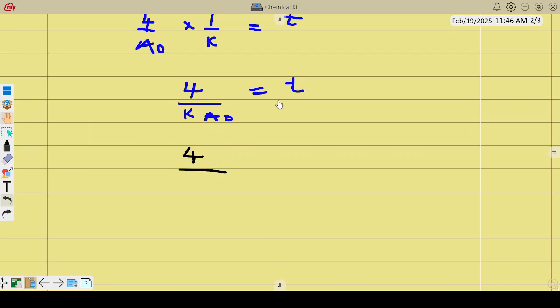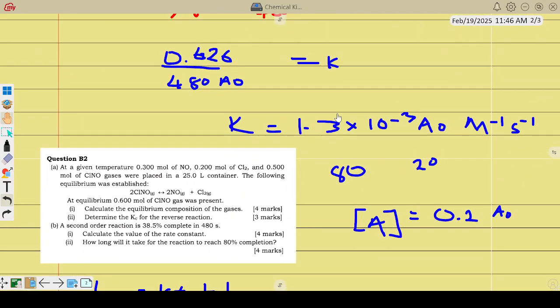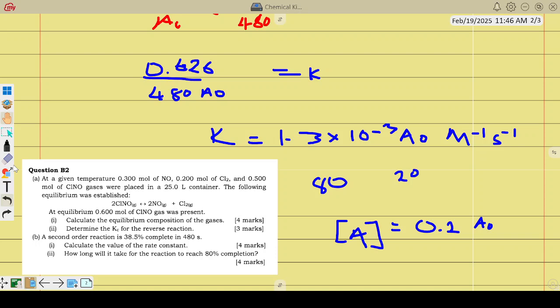So here this is supposed to cancel. Yeah, so there must be something. Oh, so here we divided. So remember the concept. When you divide this by that, the answer you get, you put it on the numerator. Yeah, so I put a naught down here. So the value of the rate constant is supposed to be 1.3 times 10 something something, it will be over a naught. Yeah, not here where it was written.